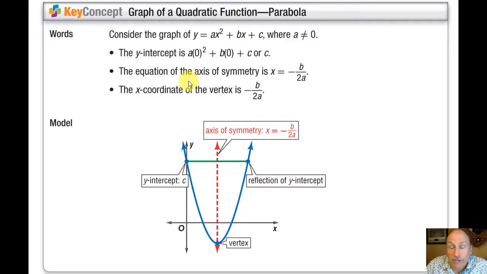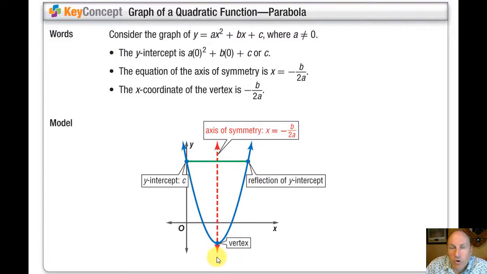Something that a quadratic function has that a linear function does not is called an axis of symmetry. Think of this as a line that divides that shape into two symmetric parts. You can see in a dashed red line the axis of symmetry for this particular generic parabola.